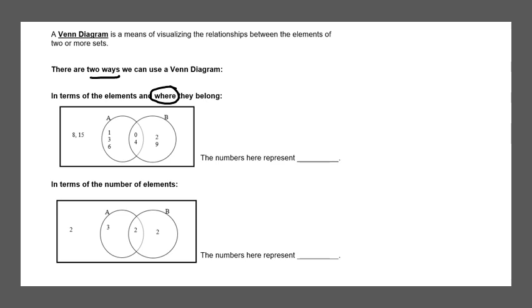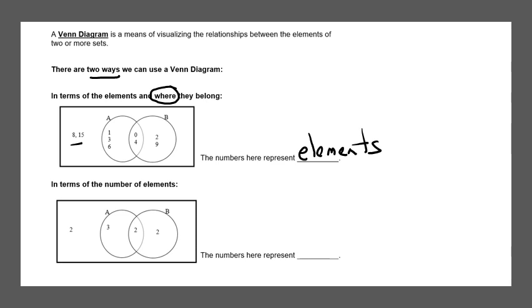So the numbers in this particular picture represent elements, okay? That is, in the context of this problem here, this is not how many, it's what they are. If you look at it, the universal set consists of 8, 15, 1, 3, 6, 0, 4, 2, 9.